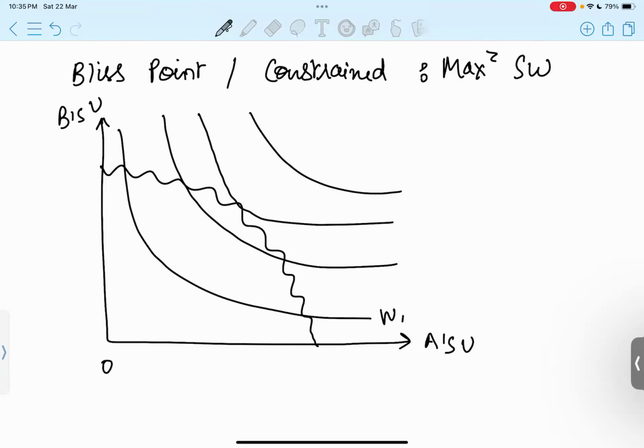So these are W1, W2, W3, W4. V dash is the grand utility possibility curve. So we talk about different conditions represented by different points.